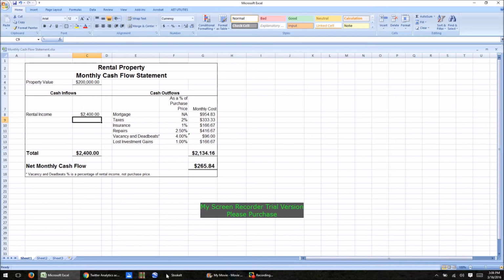Now we're talking. So this property, if you feel comfortable with all these assumptions, now is a go. You need to do something to increase the rents to $2,400 a month, and you need to convince the seller to drop in price. But once you get those two things happening, you can feel comfortable.